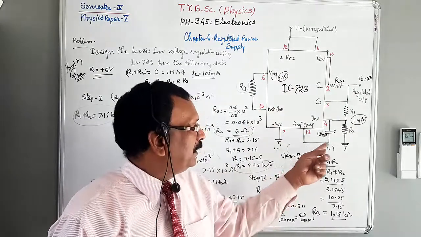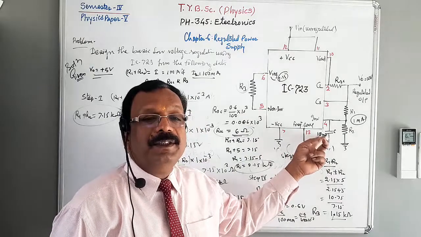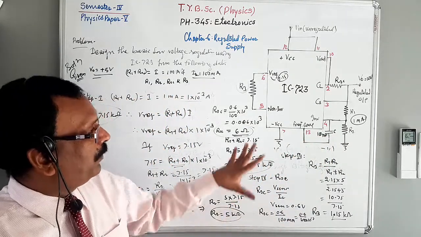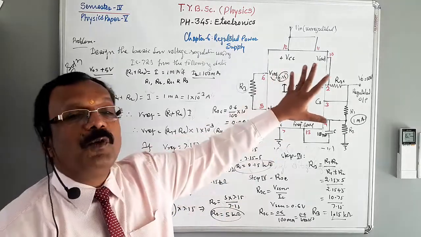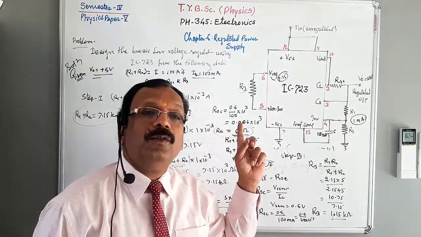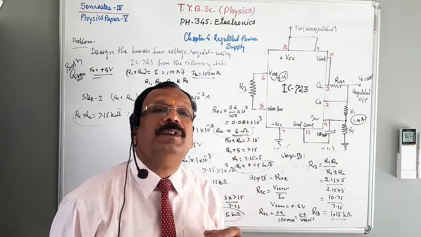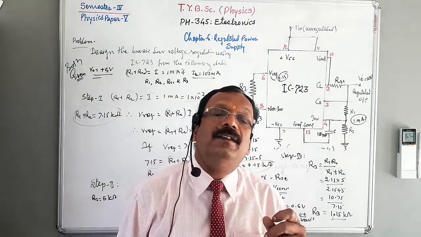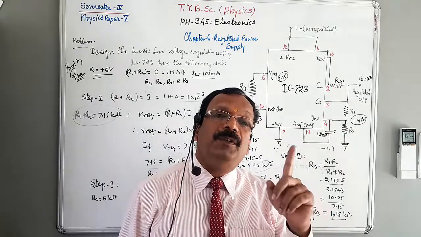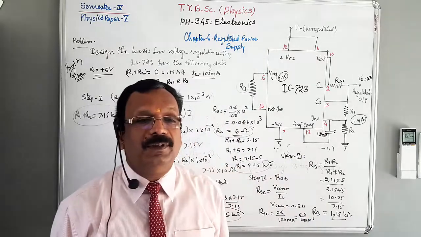And for frequency compensation, we select a capacitor of 100 picofarad. When we substitute all such resistors, this circuit works properly. The low voltage regulator gives the desired regulated basic low output voltage, that is between plus 2 volt to plus 7 volt.